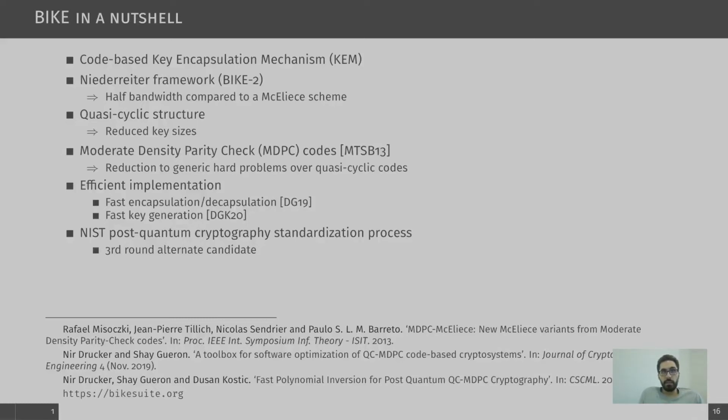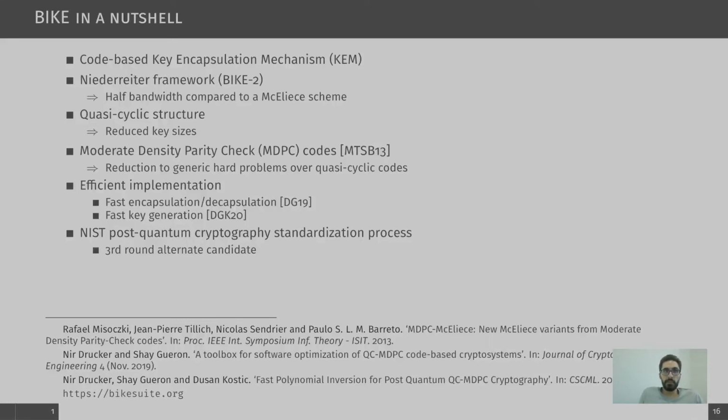It uses MDPC, moderate density parity check codes, which were first introduced by Misoczki, Tillich, Sendrier, and Barreto in the context of cryptography, and they show that there are reductions of the scheme to hard problems over quasi-cyclic codes.